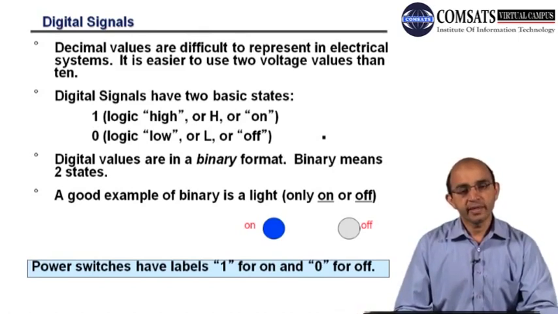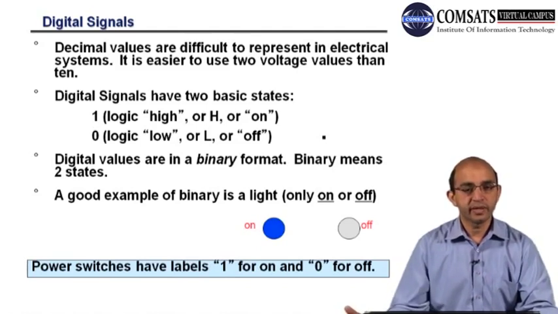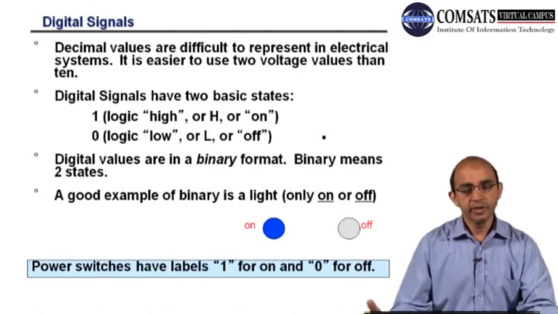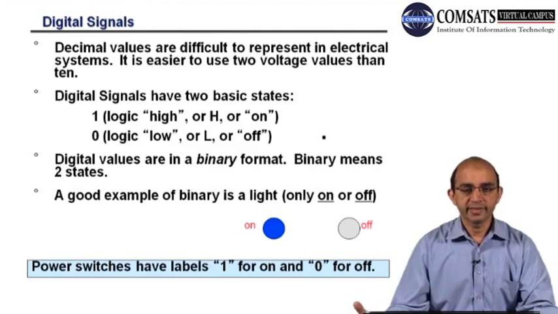While on the other hand, if we talk about the decimal number system, we have 10 different values starting from 0 to 9. So if I want to devise a system that is based on the decimal number system, then I have to handle 10 different voltage levels.